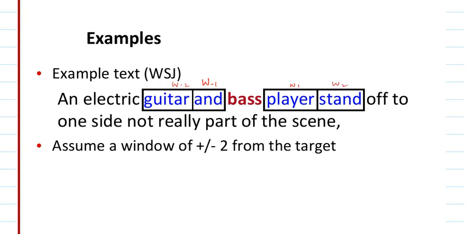If I extend the window, I can have a window of plus minus 3 also, like this. So this is W minus 3 and this is W3. So these are the co-locations.